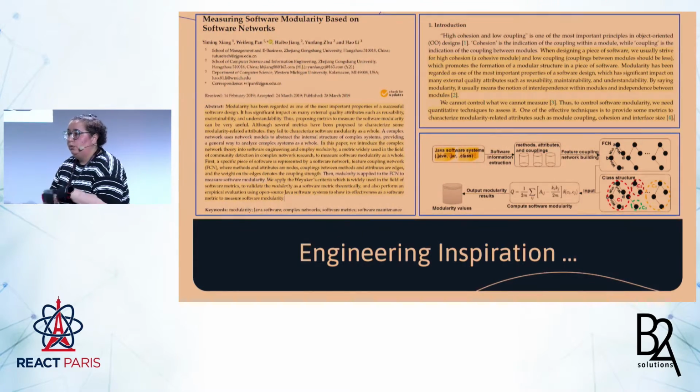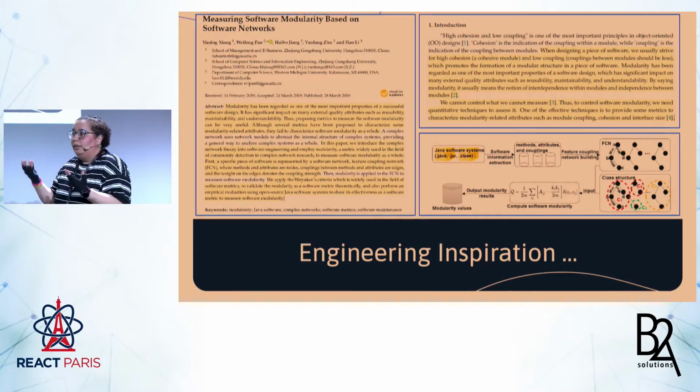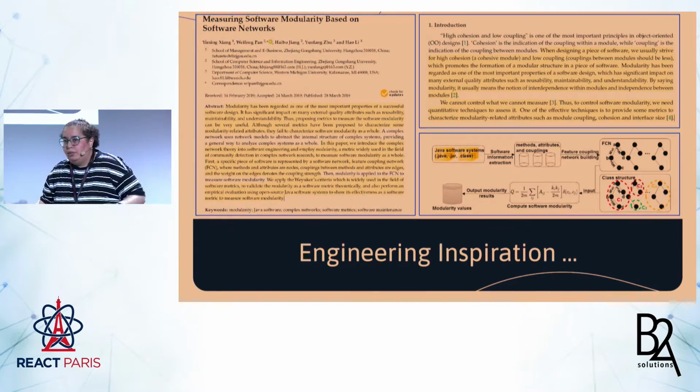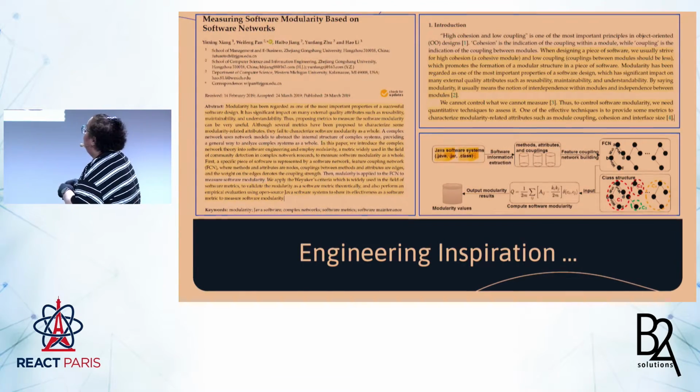Once we model our software as a network of connections, we can find and apply graph theory, for example, in order to assess good community and good modularity. We will see this together.